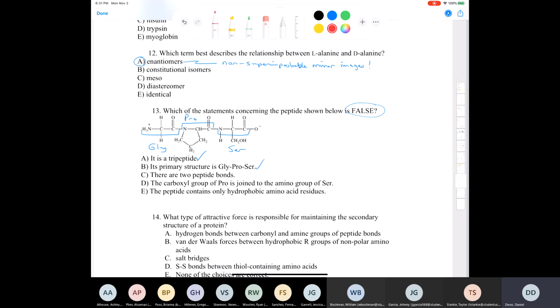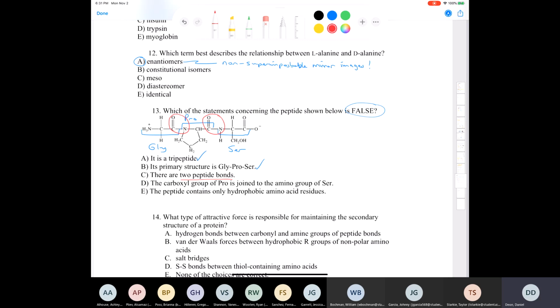There are 2 peptide bonds. Yes, there's a peptide bond here and a peptide bond here. Remember, a dipeptide has only 1 peptide bond, a tripeptide has 2, a tetrapeptide has 3, a pentapeptide has 4. So it's always 1 less peptide bond.